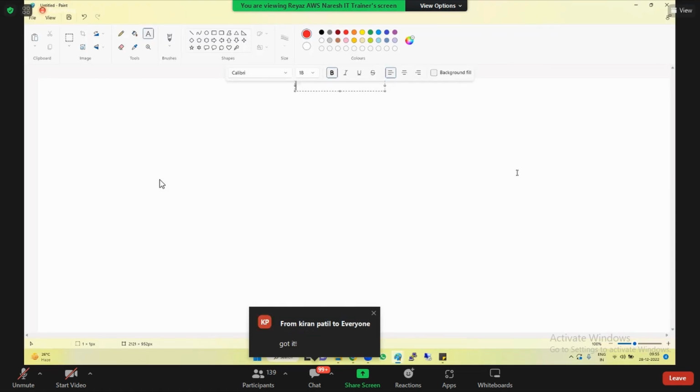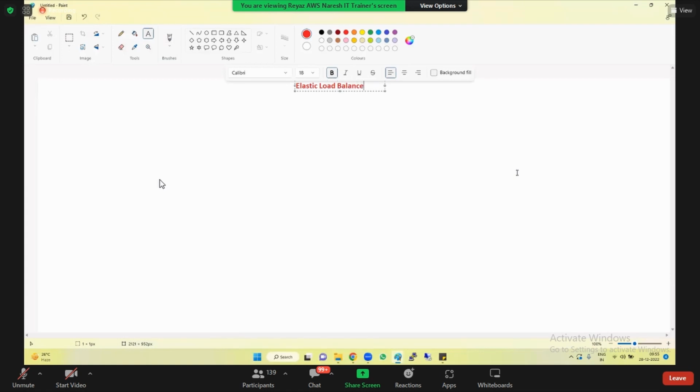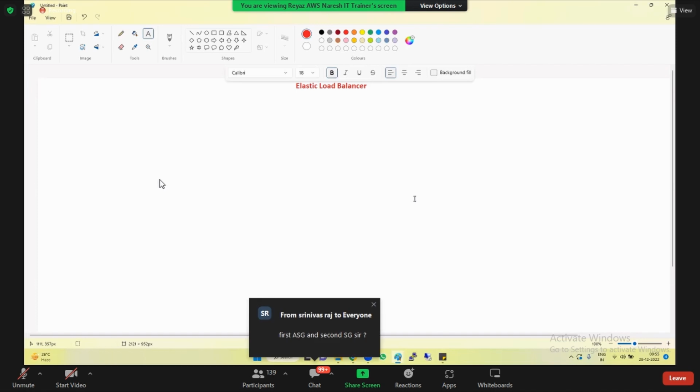Okay. So, guys, very, very important topic. Concentrate. The next topic is elastic load balancer. We have learned what is load balancer, what it does, but we need to go a little bit deeper, right? Let's learn what is this elastic load balancer. What is ELB? What is the simple definition?